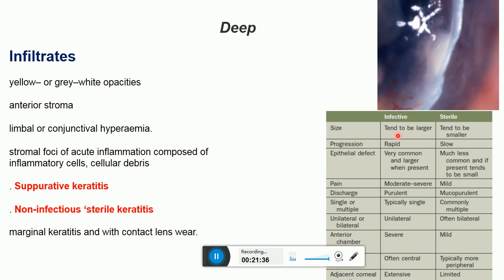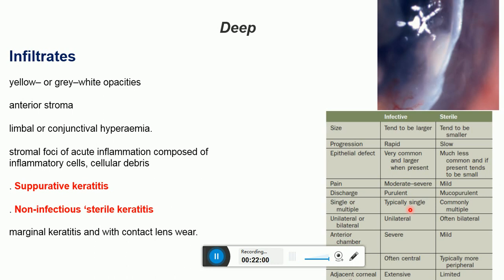So in infective, the infiltrates are larger, in sterile they are smaller. In infective, they progress rapidly. In infective lesions, a large epithelial defect is very common. There is moderate to severe pain and purulent discharge.